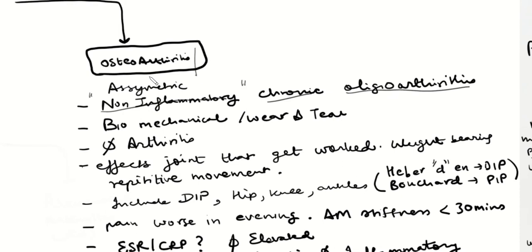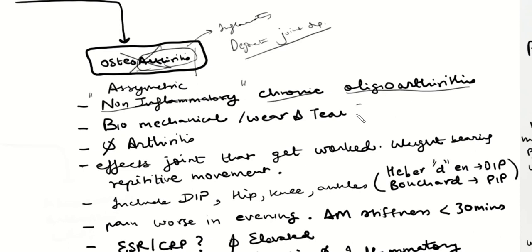Osteoarthritis is a bad name because it's got the word arthritis in there, which seems to suggest this is inflammatory, because that's what arthritis is. That's why I don't like this term. I would rather we use something like degenerative joint disease, because that's what that is for the most part, there's biomechanical wear and tear.